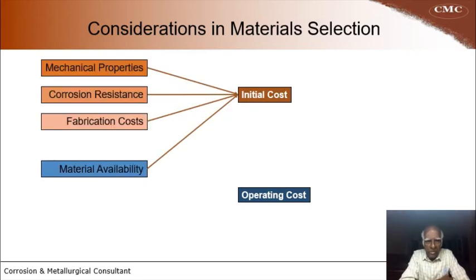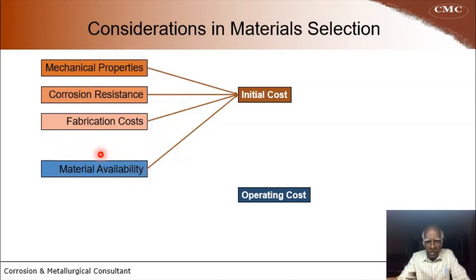The initial cost consists of selection of a material based on mechanical properties, corrosion resistance, fabrication cost, and immediate material availability. All these four factors will determine the initial cost.